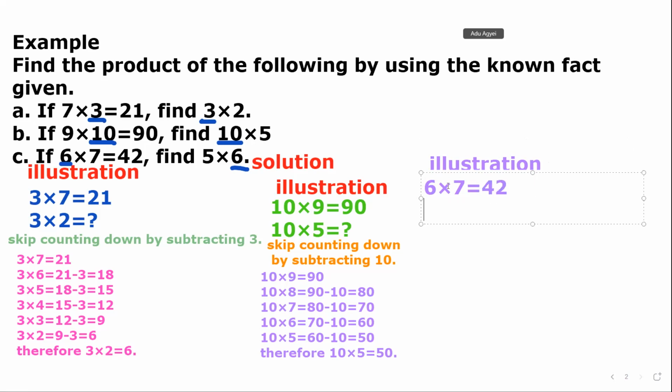Then the question says we should find 6 times 5 equal to the question mark. Okay, good. Now we are going to do our analysis.